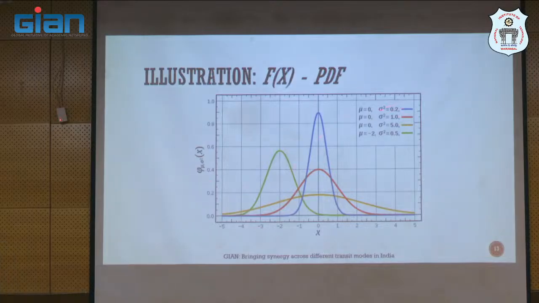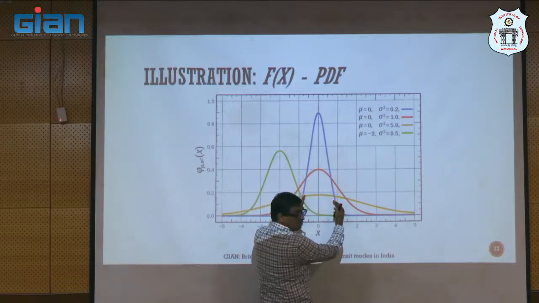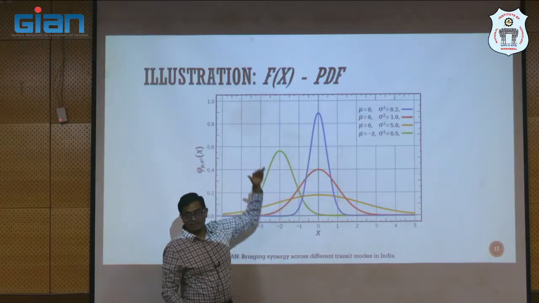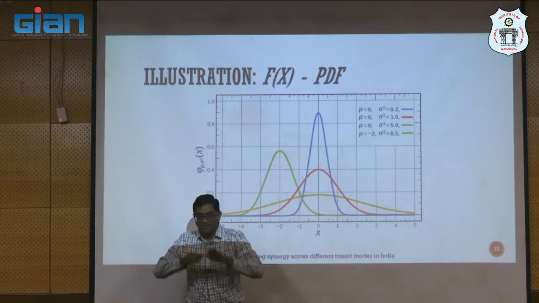If the variance is small, sigma square equal to 0.2 here, it hugs around the 0. You see that when the variance is 0.2, everything is very closely around the mean. When the variance keeps increasing, the height of the curve keeps coming down. It's like I'm hitting it from the top and making it wide.